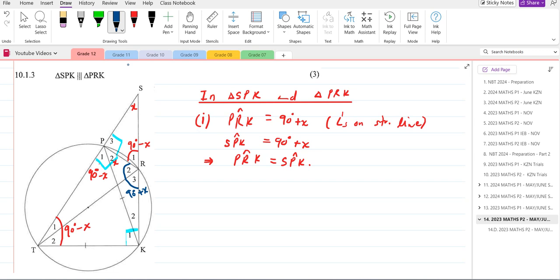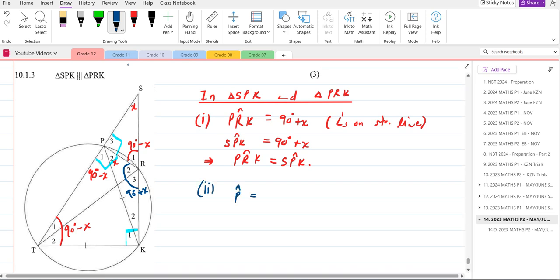So in this triangle here, PRK, I've got angle P2, and now we can say angle P2 is equal to angle S. Both of them are X, right?